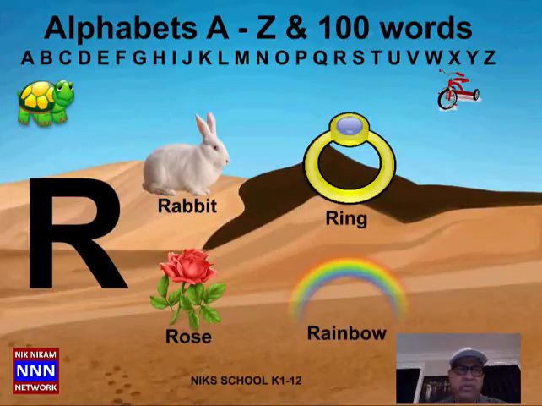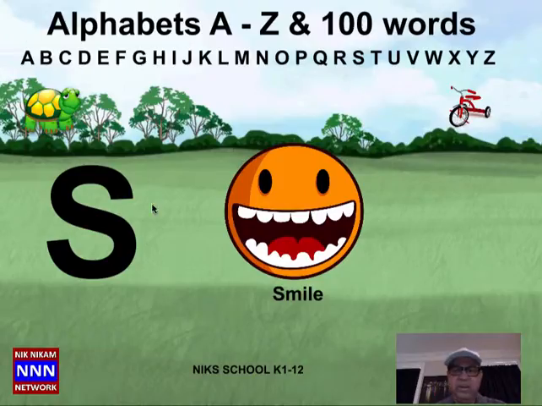Let's go to the next letter here. S. Look at that. That's a smile. Smile is different from laughing. Let me show you the difference. Laughing means that is laughing.